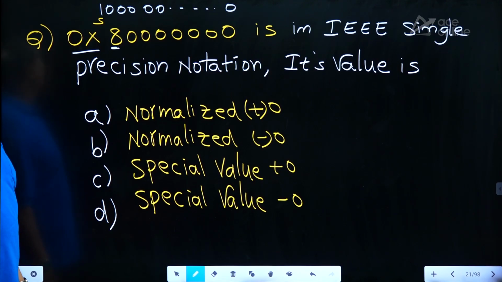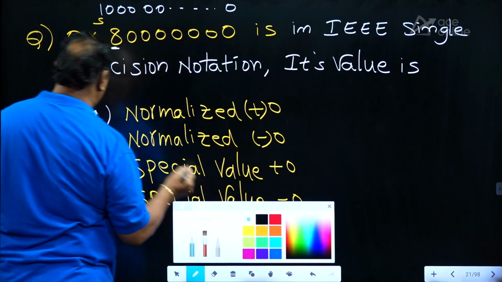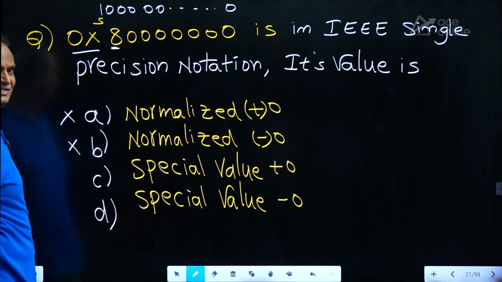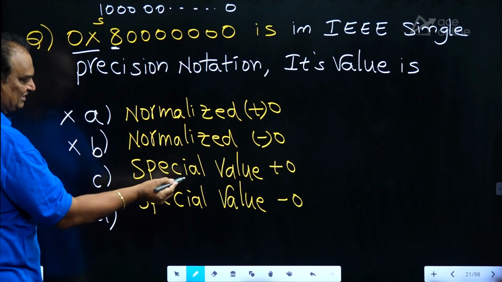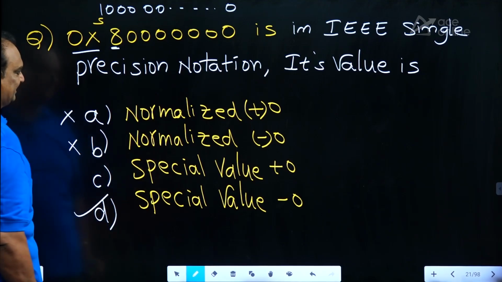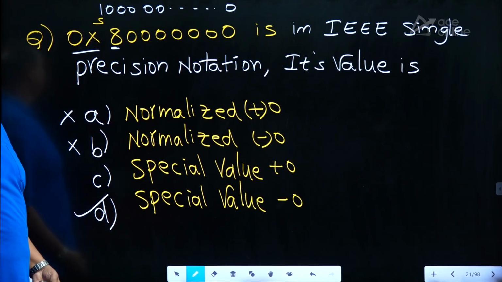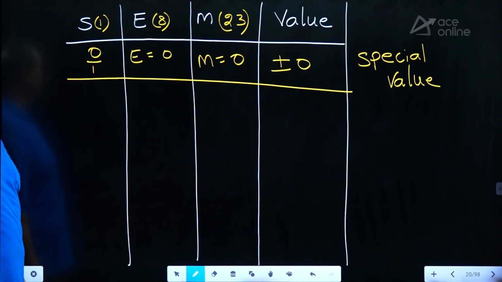A special value 0 cannot be normalized. That's why options A and B are false. Why? 0 cannot be normalized; it is nothing but a special value. That's why between special value plus 0 and special value minus 0, the correct answer is special value minus 0. Why? MSB is equal to 1. This is the procedure to solve the question in the shortest time. You should apply the technique properly.